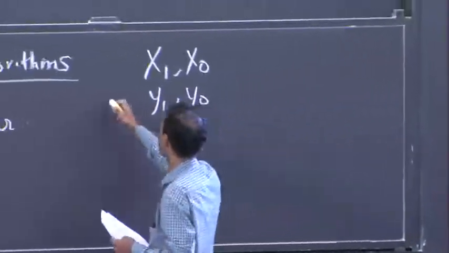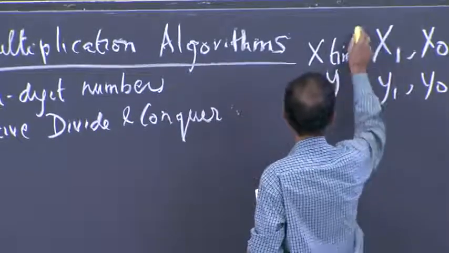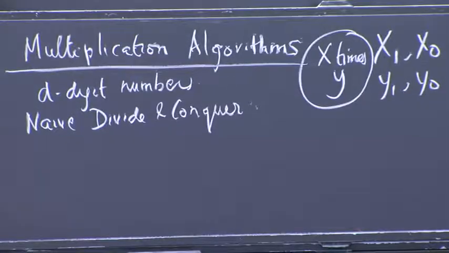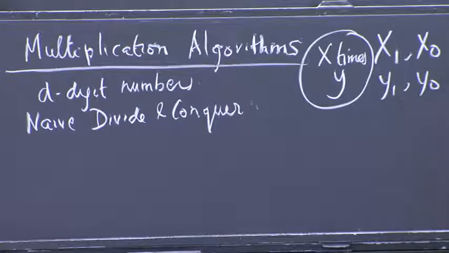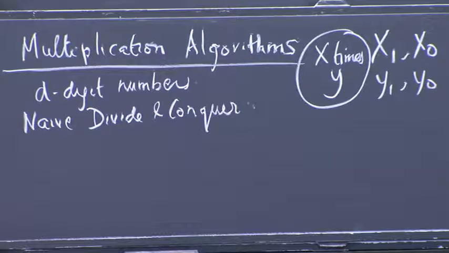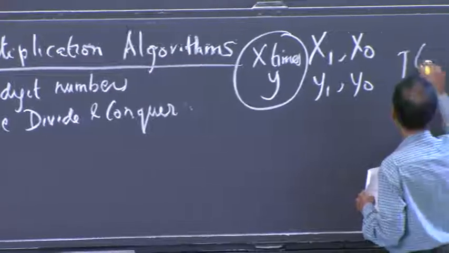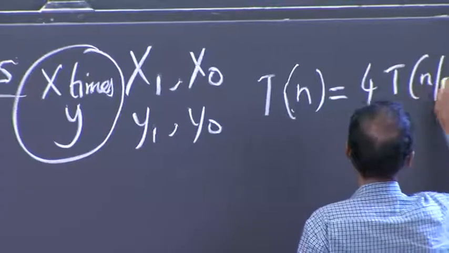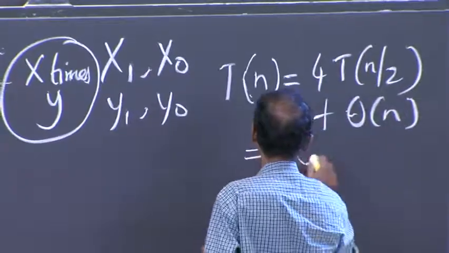You're trying to multiply x times y. And same thing for y1 and y0. So each of these will have d by 2 digits of precision. And if you implement the naive algorithm that looks like T(n) equals 4T(n/2) plus theta n, you end up with theta n squared complexity.